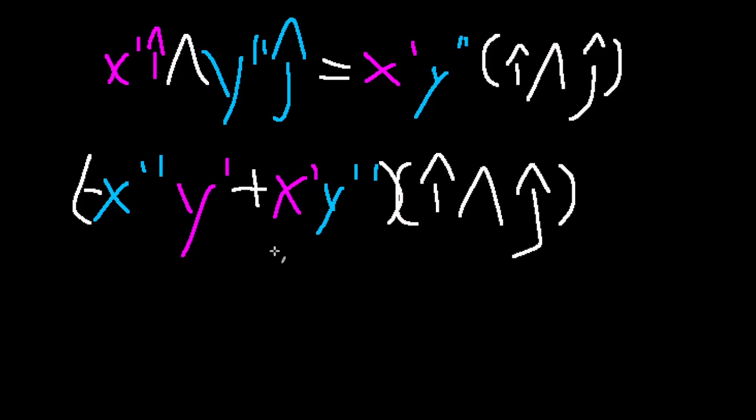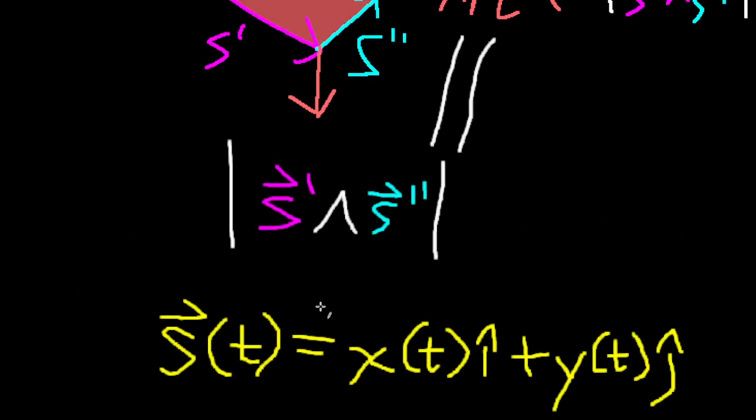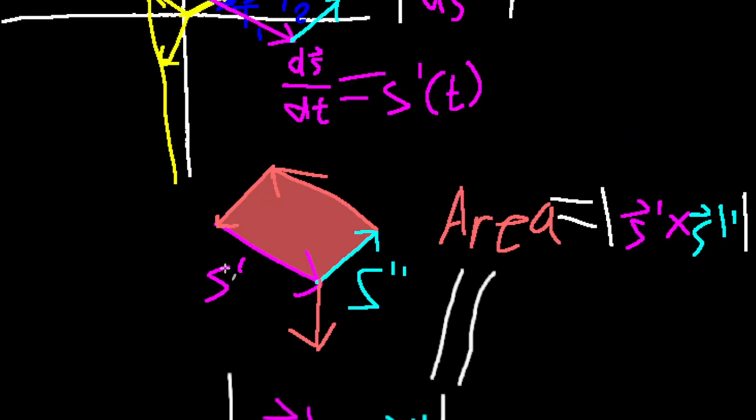So let's go ahead and see what the magnitude of this would be, because if you remember, the whole thing we were trying to do was take the magnitude of this bivector over here, which is a parallelogram.